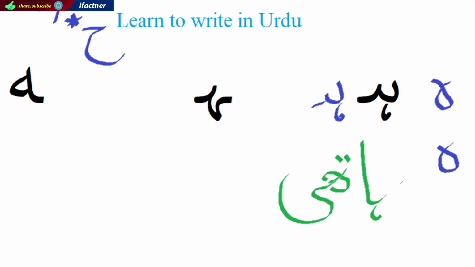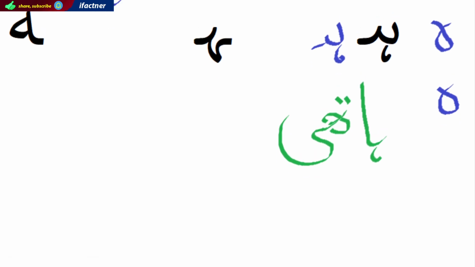Now, let's see how we write Hatni. Hatni means a female elephant in Urdu. So, to write Hatni, we write Hey, then Te, then Noon and Chotiya. Hatni.